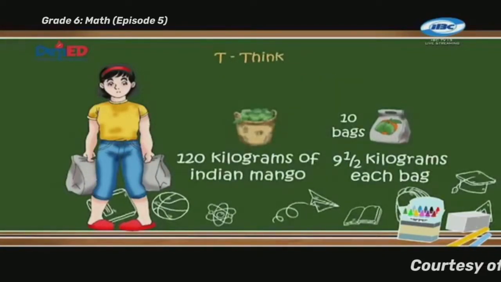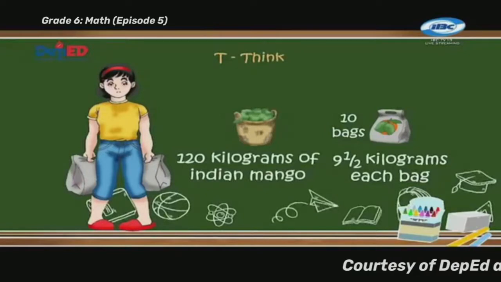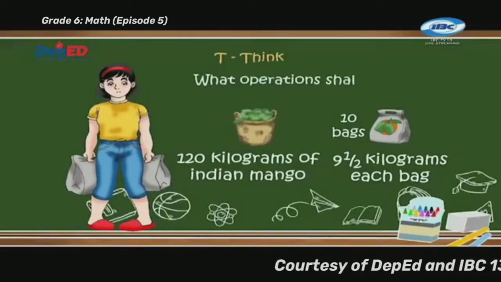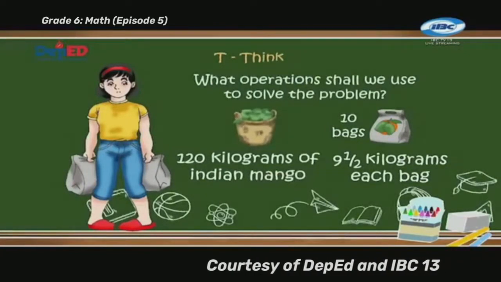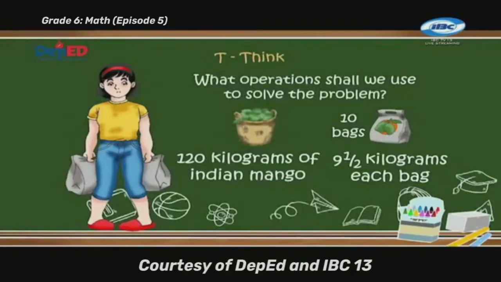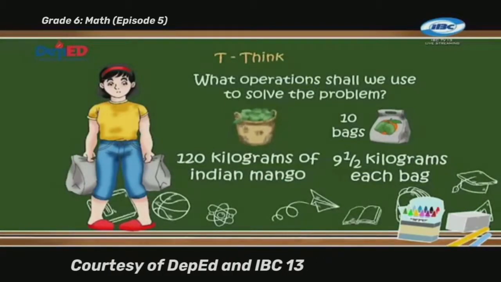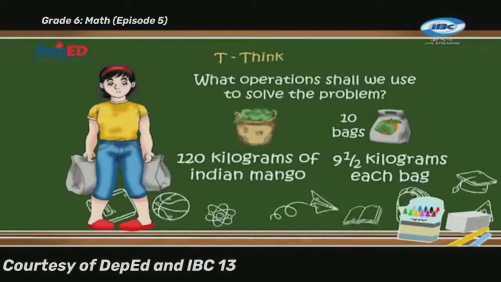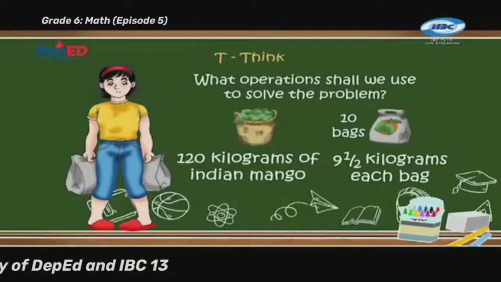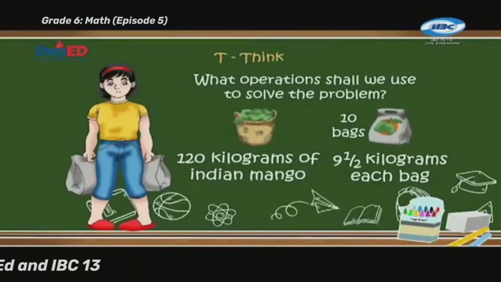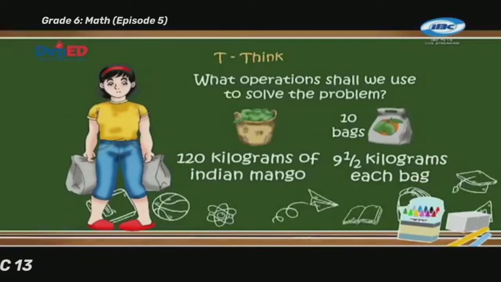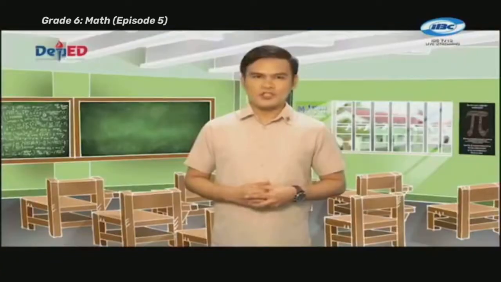In thinking of a plan, what operations shall we use to solve the problem? You can select your own strategy. Let us visualize the problem. Anna wanted 120 kilograms of Indian mango, but she had picked already 10 bags with 9.5 kilograms each bag. What operations will we use?